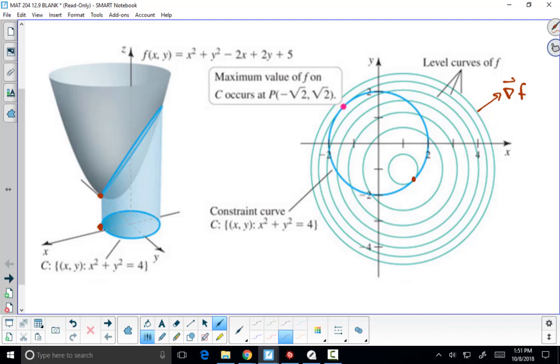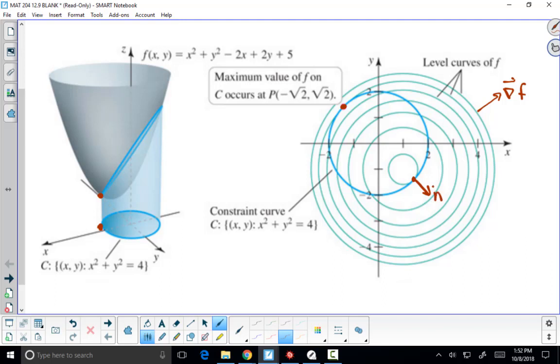And at this particular point of tangency, isn't the normal vector to that constraint curve also perpendicular to the corresponding level curve? So the idea is if we can find the places where del F is parallel to the normal for that curve, that's where the maxes and mins will occur. The places where the maxes and mins occur will be where we have the normal to the curve and the gradient to the level curve where they're parallel.